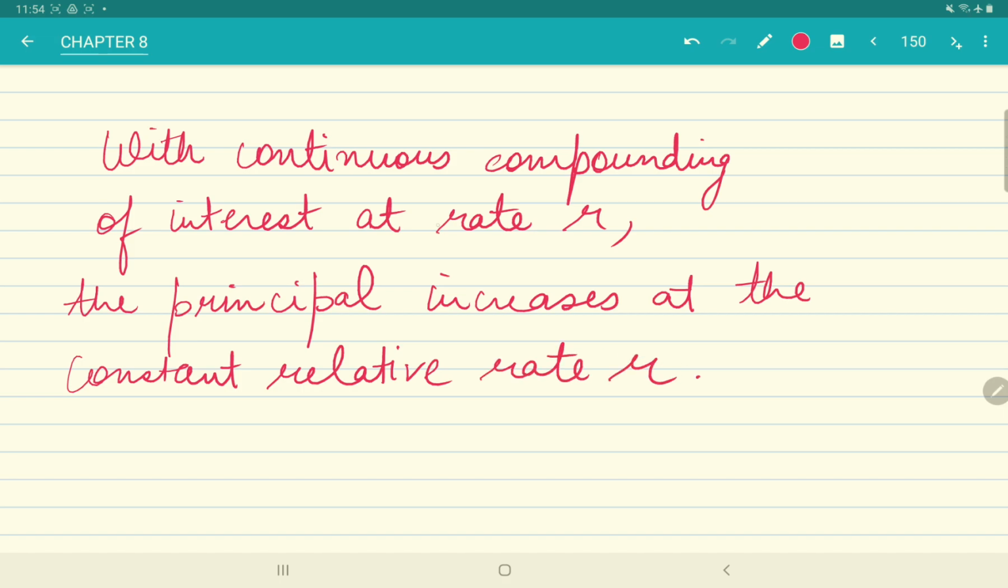And please keep in mind that r is nothing but p by 100, and that means the principal is actually increasing at the constant relative rate r. That means you have k prime of t by k of t being equal to r.